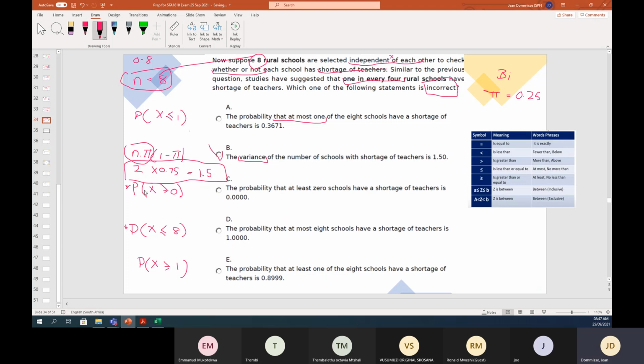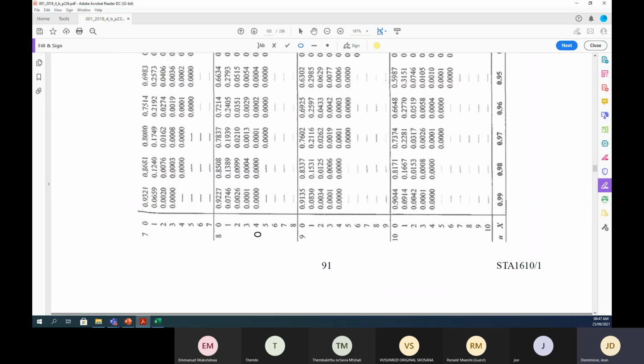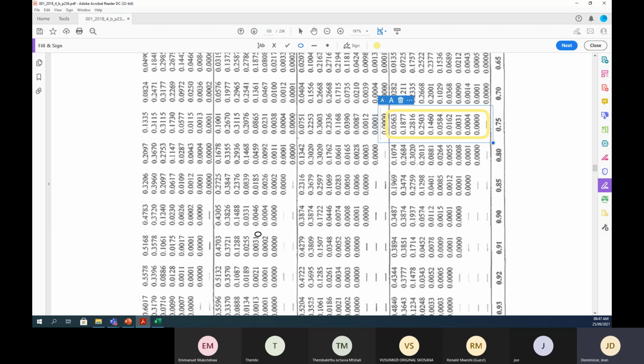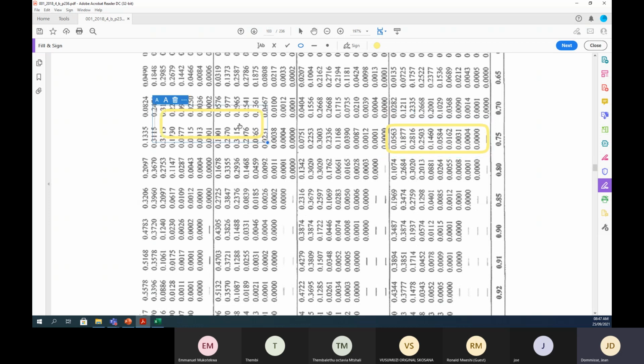So everything bigger than and including 0, is all of them. All of them will be equal to 1.